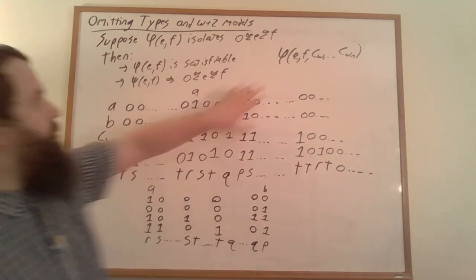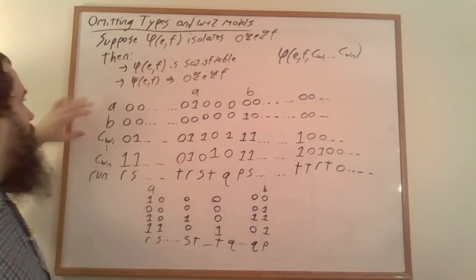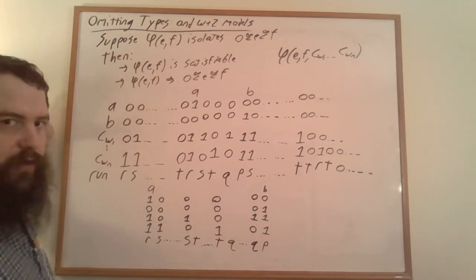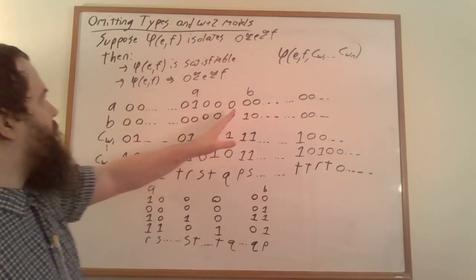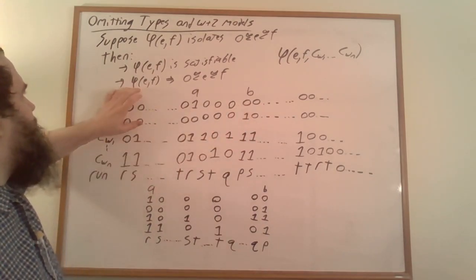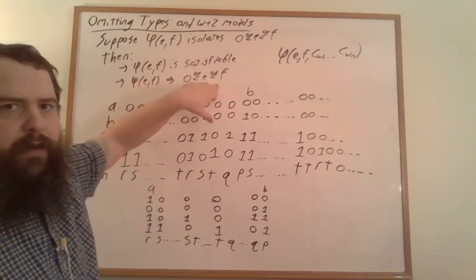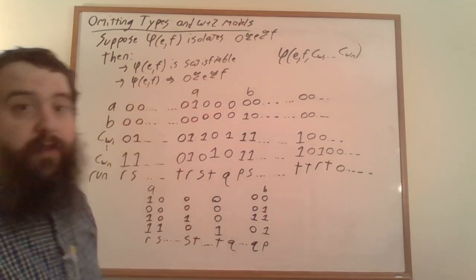So this formula phi that we have is true in this new model of this A and this B. Unfortunately, in this new model, A and B are only finitely far apart from each other, but the fact that A and B satisfy phi should imply that they satisfy our type, that they're infinitely far from each other. So this is our contradiction.